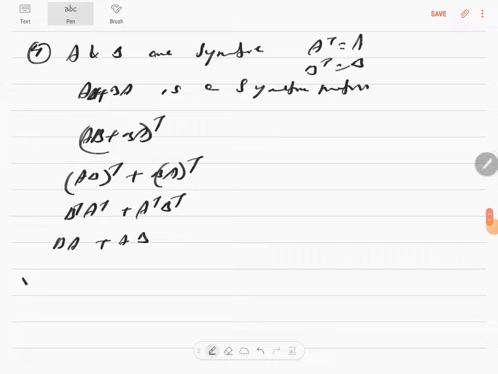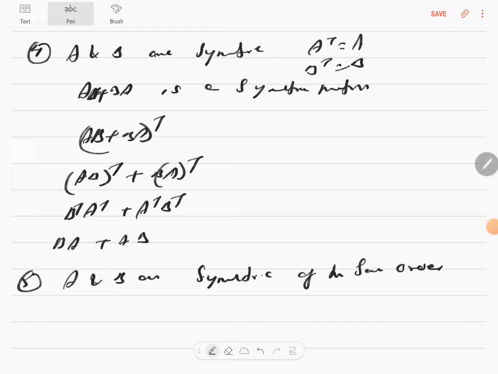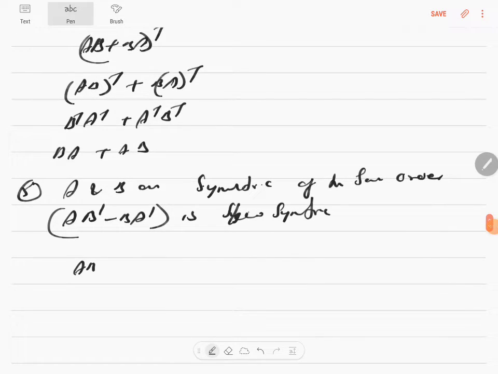Similarly, the fifth question: if A and B are symmetric, of the same order, that's very important, prove that AB dash minus BA dash is skew symmetric. You have to prove this. So you take AB dash minus BA dash and transpose it.